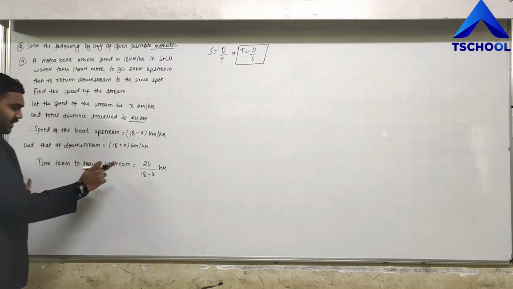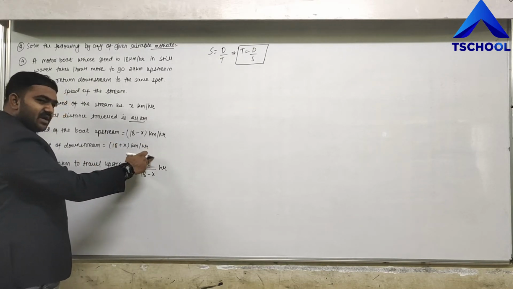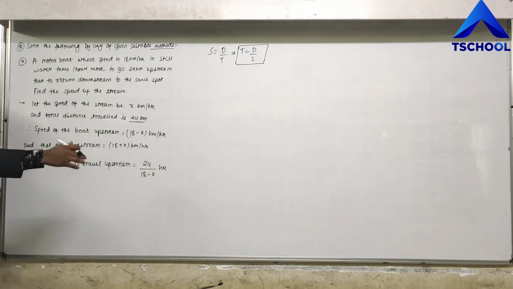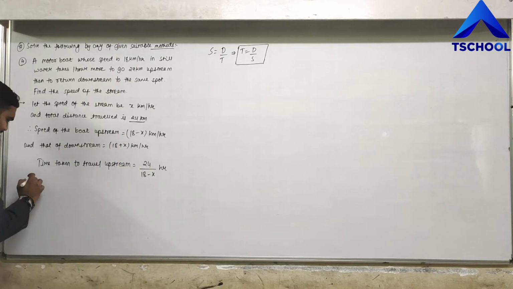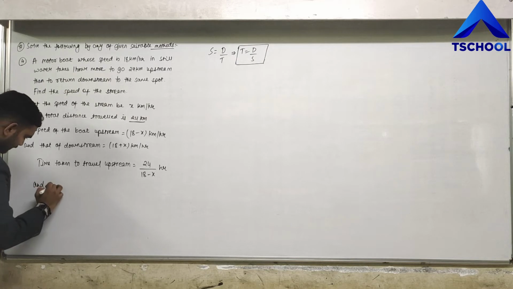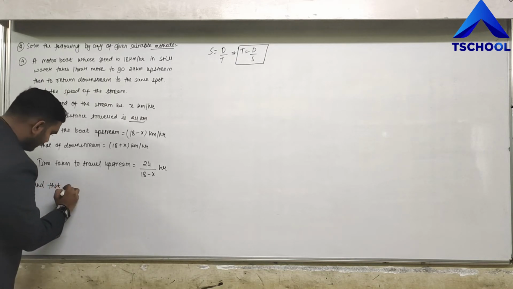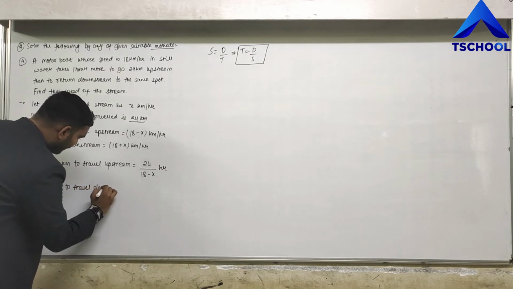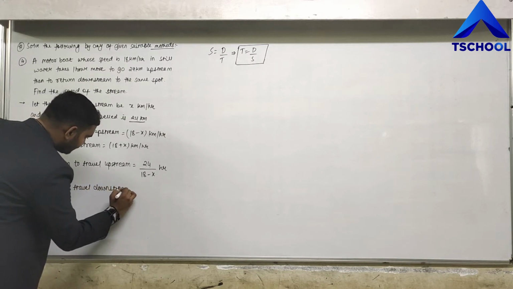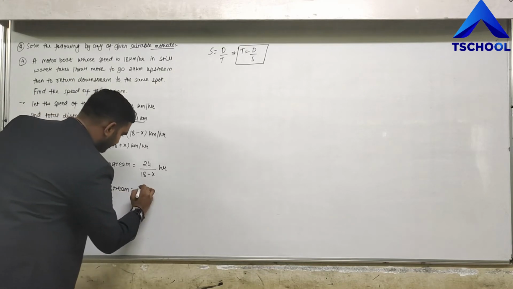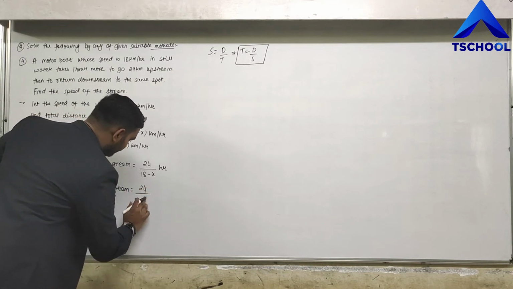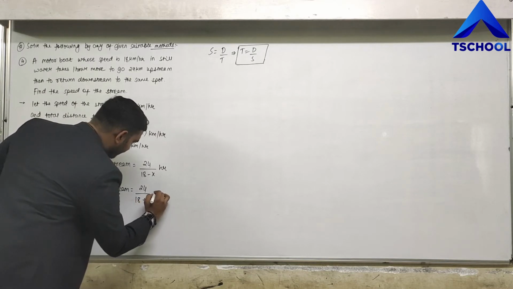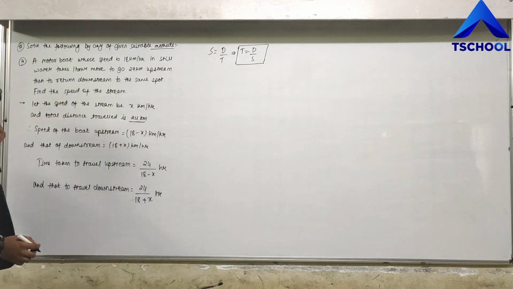So time taken to travel upstream is distance traveled upstream divided by the speed of the boat upstream. That is 24 upon 18 minus x, and that to travel downstream, that is 24 upon 18 plus x hours, right?